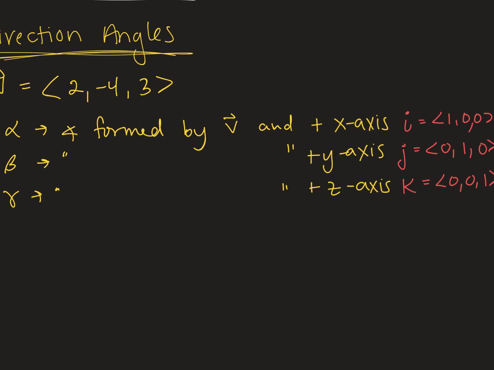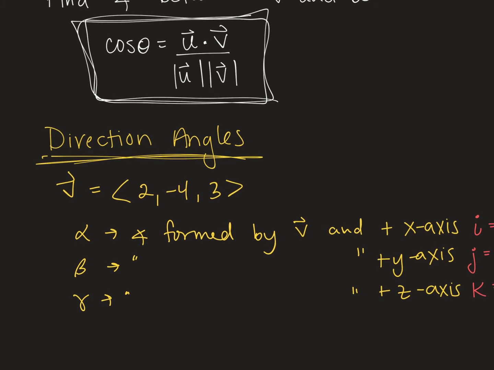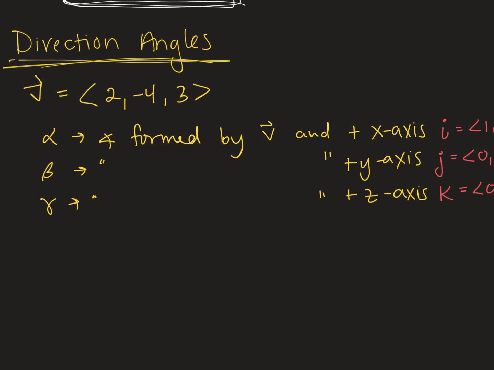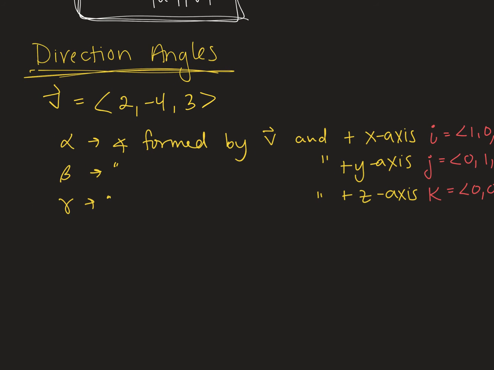Okay, so all we are actually doing is using the formula that we just talked about up here. Our v is that v, and then u is whatever unit vector we're using to find that angle. So if I want to figure out alpha, I'm going to show more work than necessary, and then you'll see the pattern, and it's actually really easy.